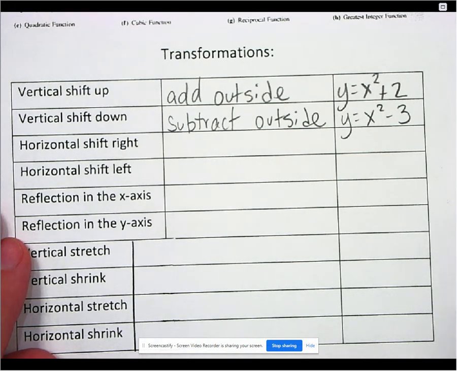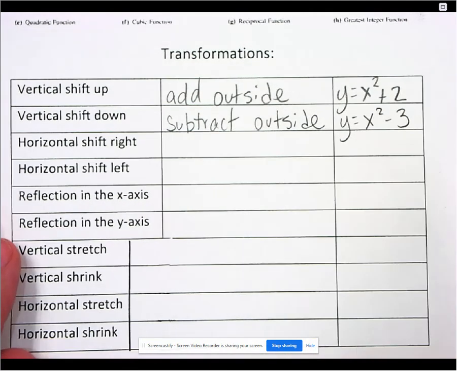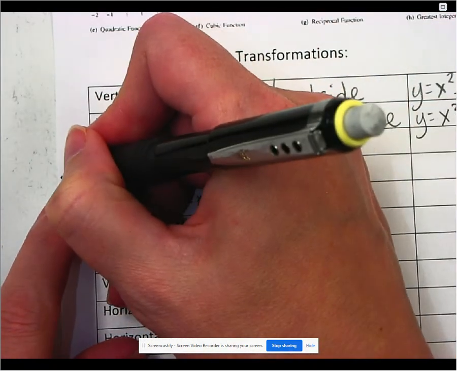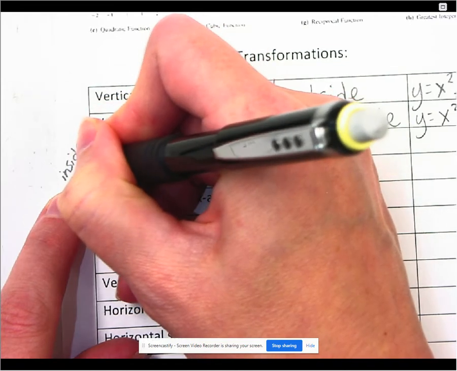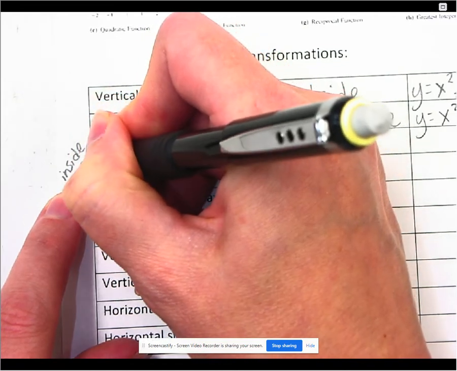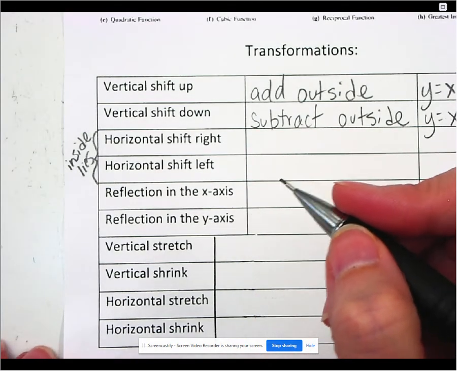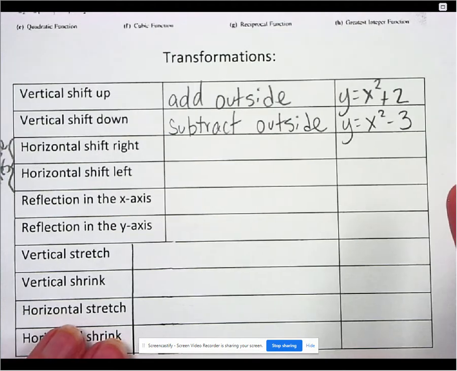All right, then we have horizontal changes. Horizontal shifts happen on the inside, and what I like to tell my students to help them remember this is that the inside lies. So anytime it's horizontal changing, it happens on the inside, and the inside is going to be the opposite of what you would think it would be.